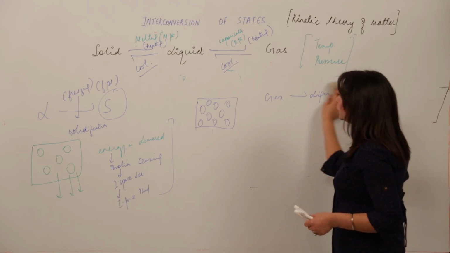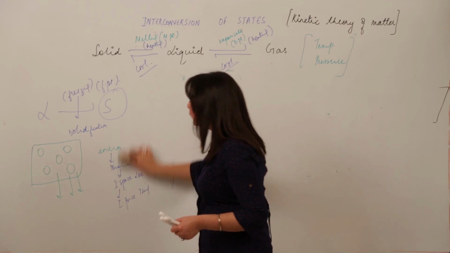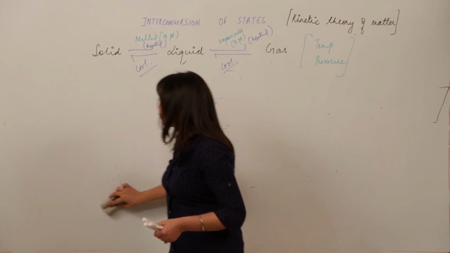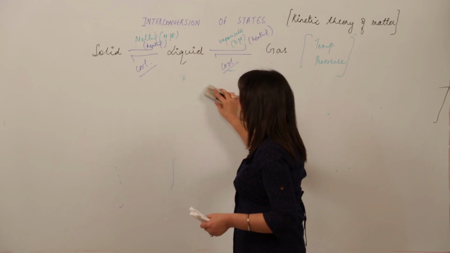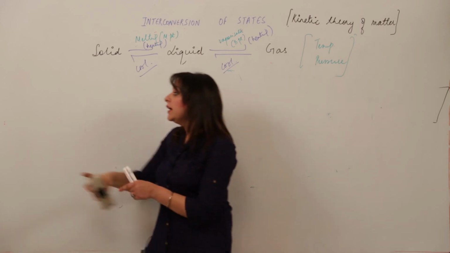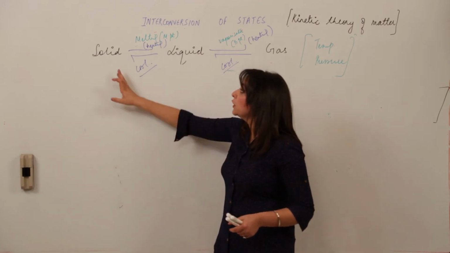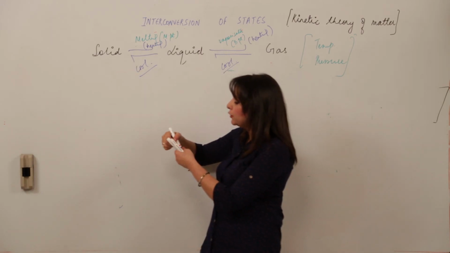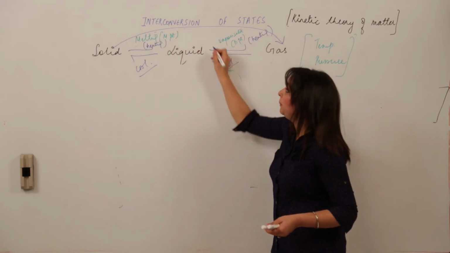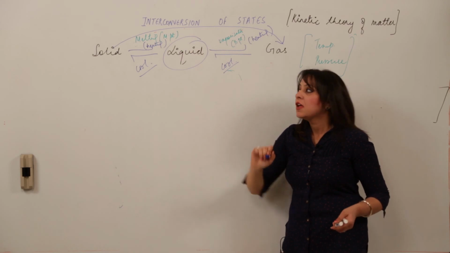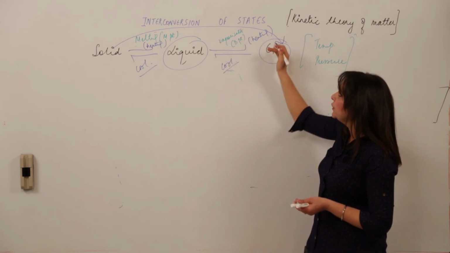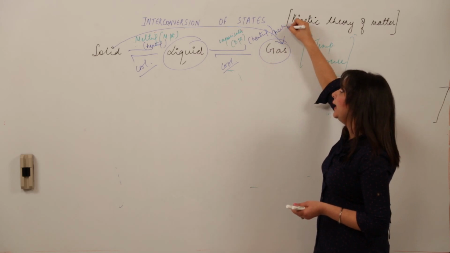You will be surprised to know that there is a phenomenon in which we can directly convert solid into gas by skipping the liquid state. I repeat, we have a phenomenon in which we can convert solid directly into the gaseous state by skipping the liquid state.